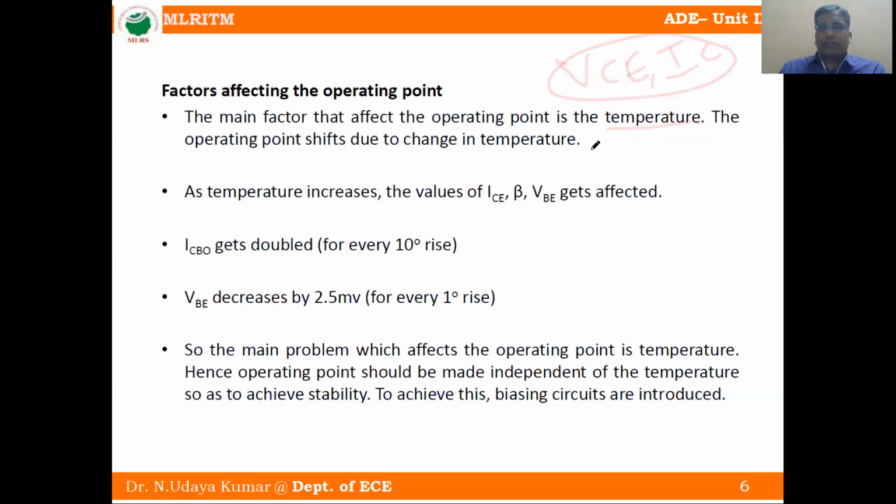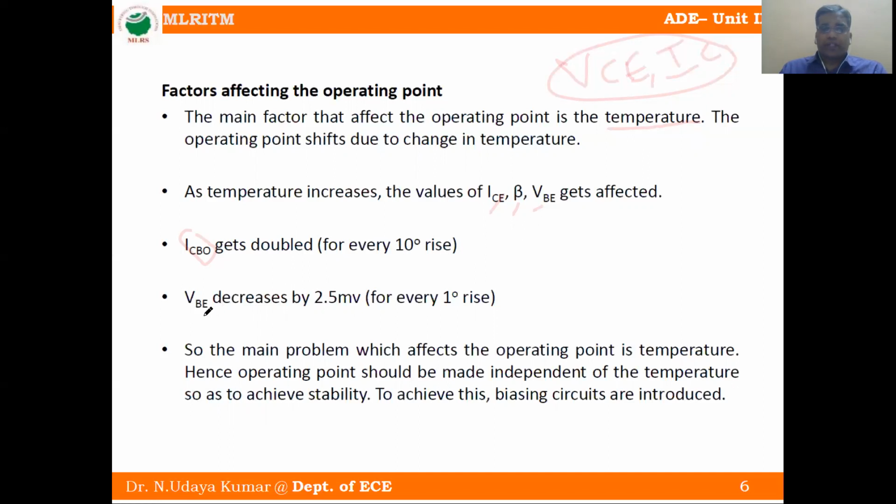We know that if temperature increases, the charge carriers acquire thermal energy and move towards the junction. It constitutes the current. So as temperature increases, the values of collector current, beta meaning the amplification factor, and VBE meaning base emitter voltage get affected. ICBO, the reverse leakage current, gets doubled for every 10 degrees centigrade rise in temperature.